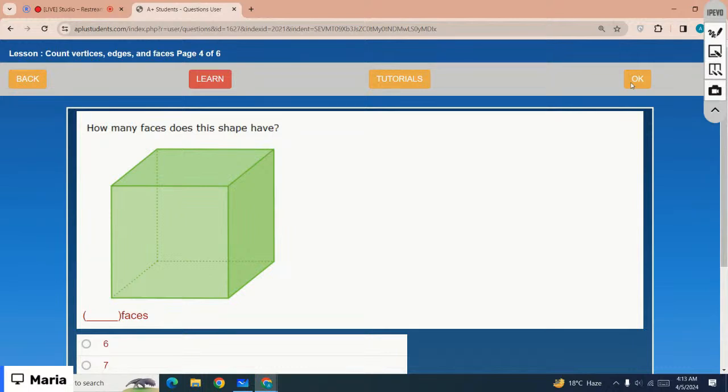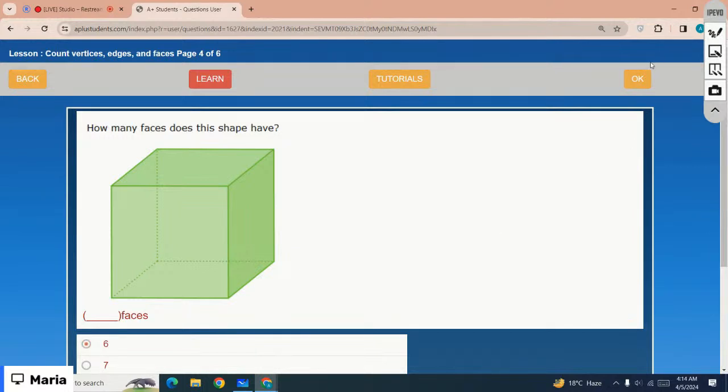How many faces does this shape have? Which is the correct option? Yes, the shape has six faces.